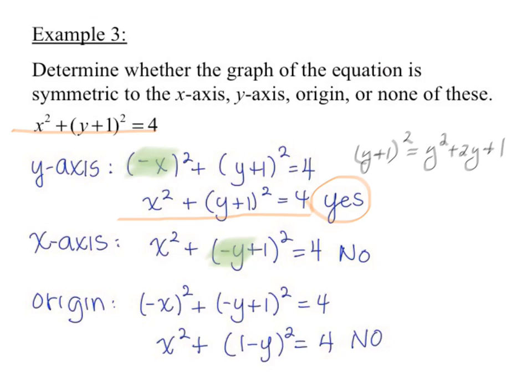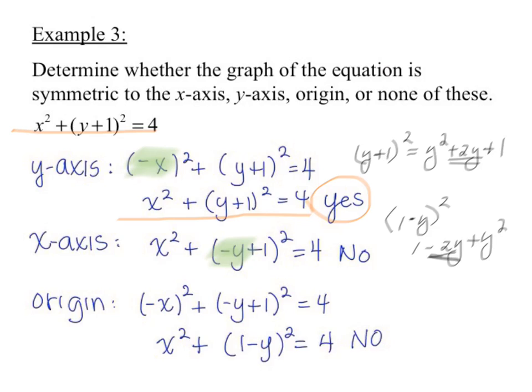If we have negative y, or really let's rewrite that as 1 minus y squared, you're going to have 1 minus 2y plus y squared, which we can see is not the same because this is a negative 2y and this is a positive 2y. And so that's not the same. So no, it doesn't have x-axis reflection.